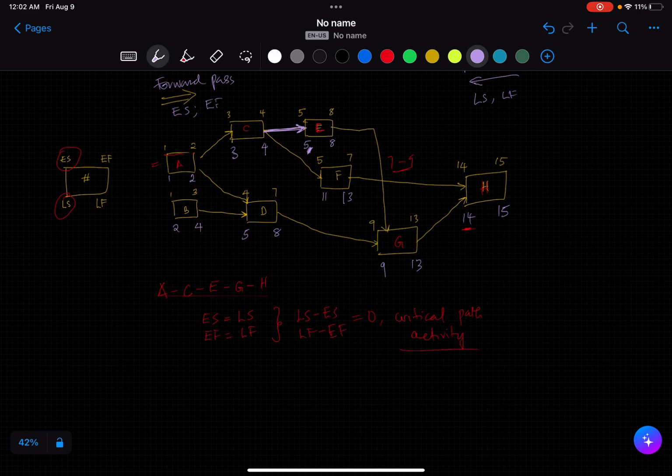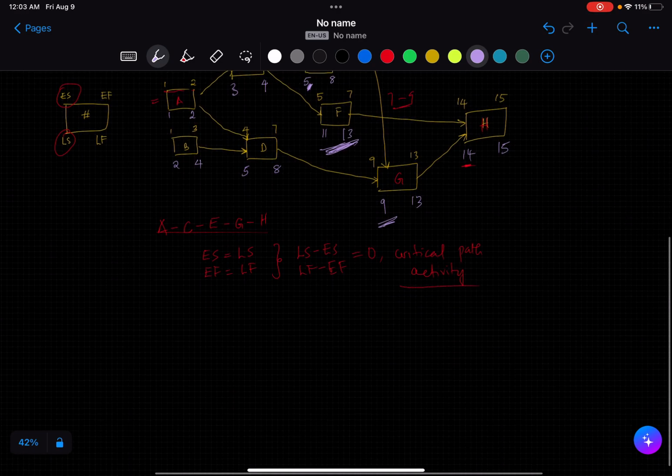A's late start is period 1, B's late start is period 2, D is period 5, C is period 3, E is period 5, F is period 11. So it won't feature in our calculation, as it has gone beyond the period we're given. G is period 9, so that falls in.